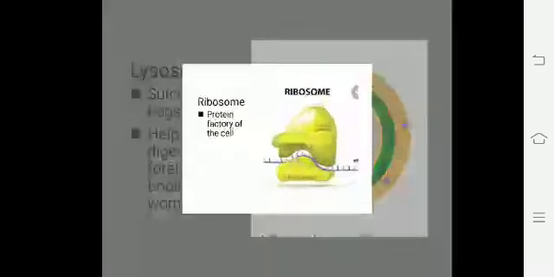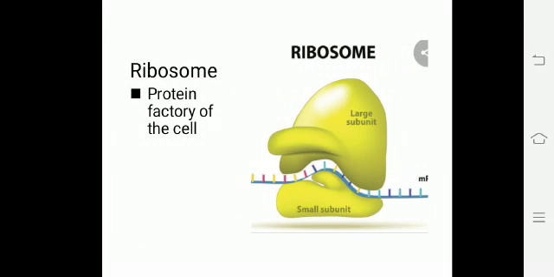Next one, ribosome. My dear students, what is the structure of the ribosomes? They have a granular structure. They are scattered in the cytoplasm. Then what is the work of this ribosome?